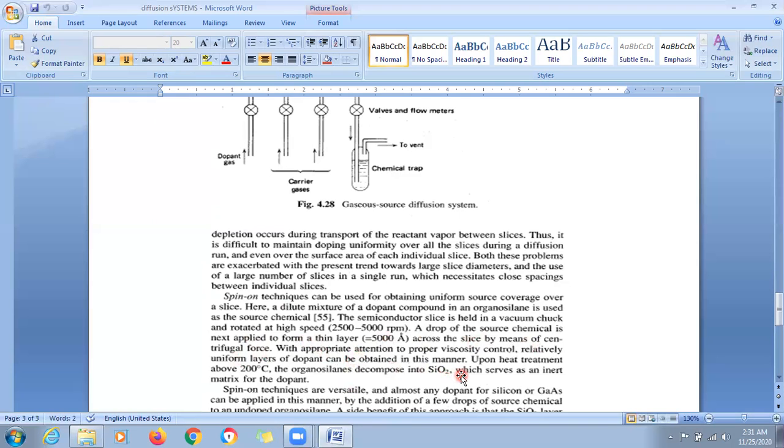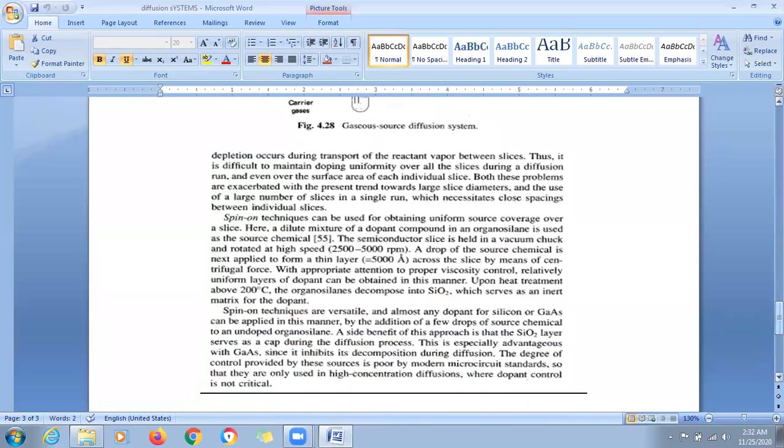Now, upon heat treatment above 200 degrees centigrade, organosilanes decompose into silicon dioxide, which serves as an inert matrix for the dopant. So, spin-on techniques are basically versatile. Almost any dopant for silicon or gallium arsenide can be applied in this manner.